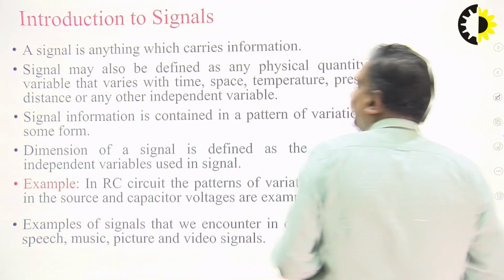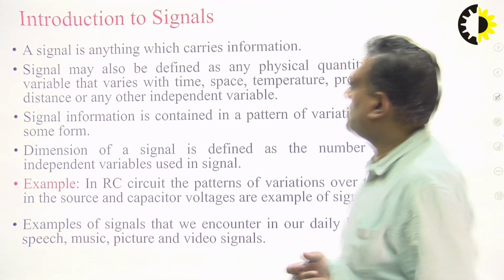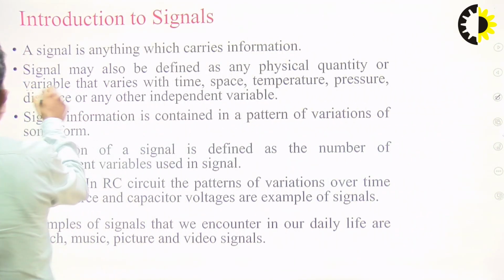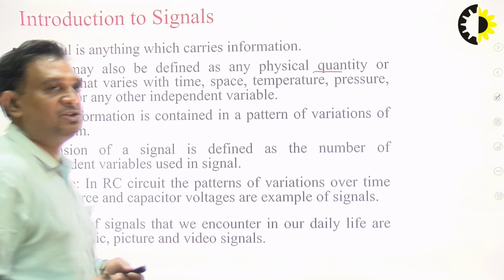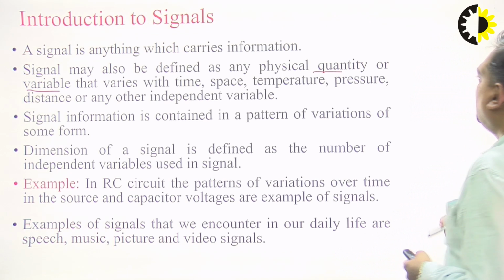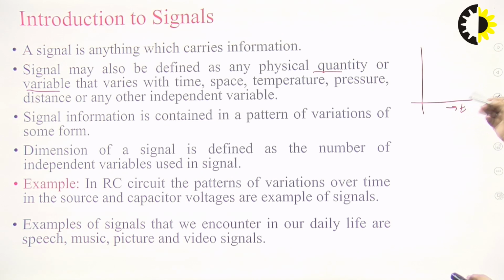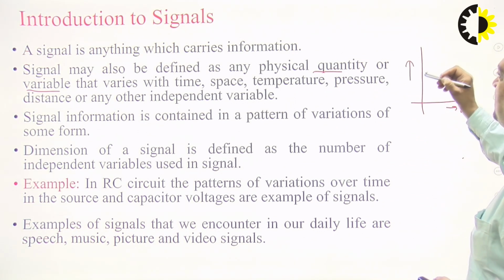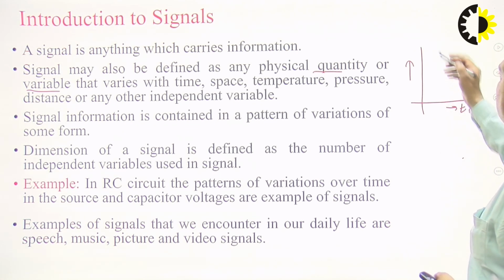Okay. So if you see the definitions, signals may also be defined as any physical quantity or variable which is varying with time, space, temperature, pressure, distance, or any other independent variable. Means a signal is basically a pattern drawn between an independent variable, that may be time, space, pressure, anything, and the corresponding dependent information, like corresponding to time we will see the amplitude.